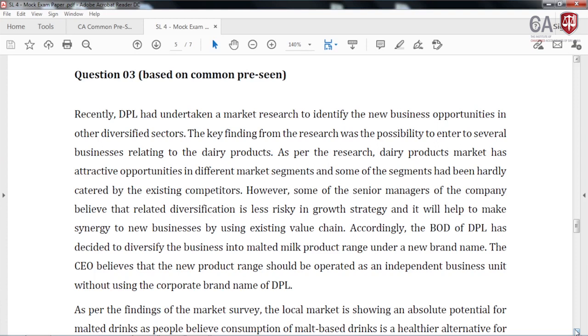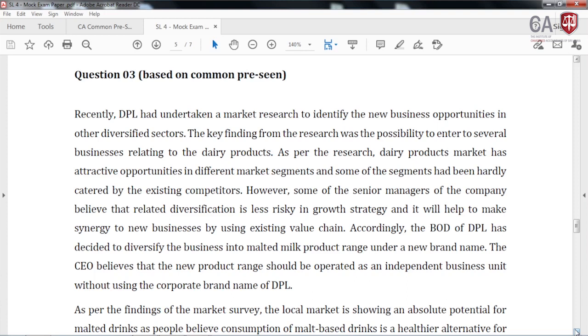Unrelated diversification is always risky because of the lack of experience. Right. So, some of the senior managers of the company believe that related diversification is less risky as a growth strategy and it will help to create synergy in new businesses by using the existing value chain.